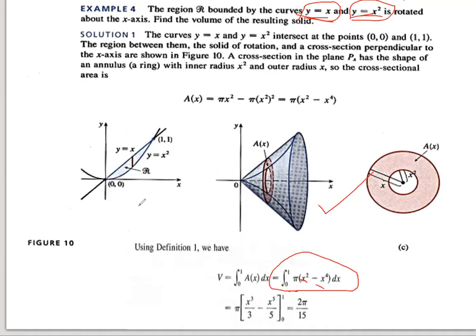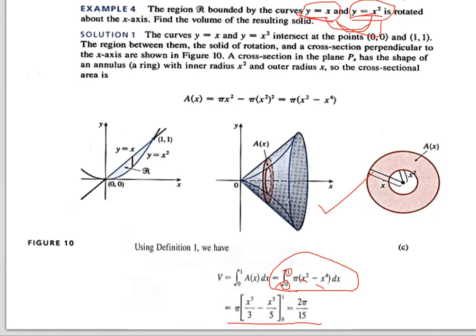And the intersection, this 0 and this 1, you have to get from solving where these two curves intersect. In this case, you're not given that. You have to figure out that these two curves intersect at 0 and 1, and that's where you got those interval values from. You do your integration, you substitute your 1 and your 0. When you finish all that, you multiply by pi, and you get your answer.